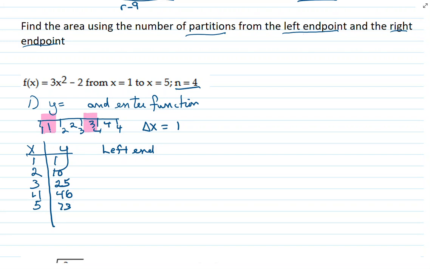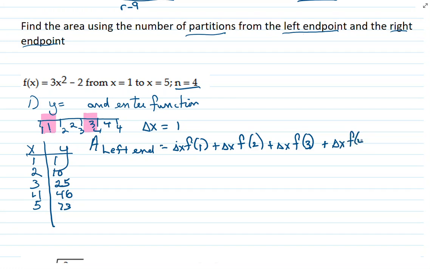So left end, our area for left end is delta x f of 1 plus delta x f of 2 plus delta x f of 3 plus delta x f of 4.